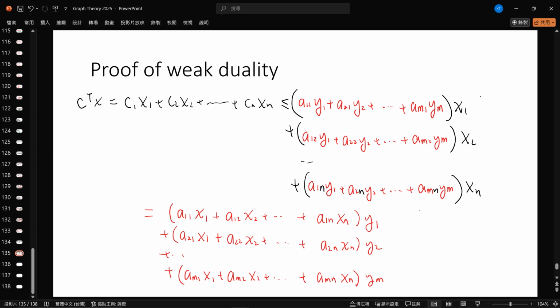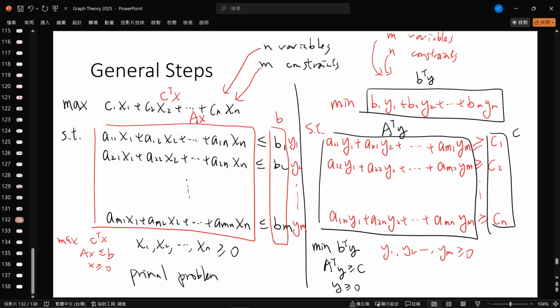Next, let's try to find an upper bound for the coefficient of y1. You can see that the coefficient of y1 is exactly the left-hand side of the first constraint in the primal problem.